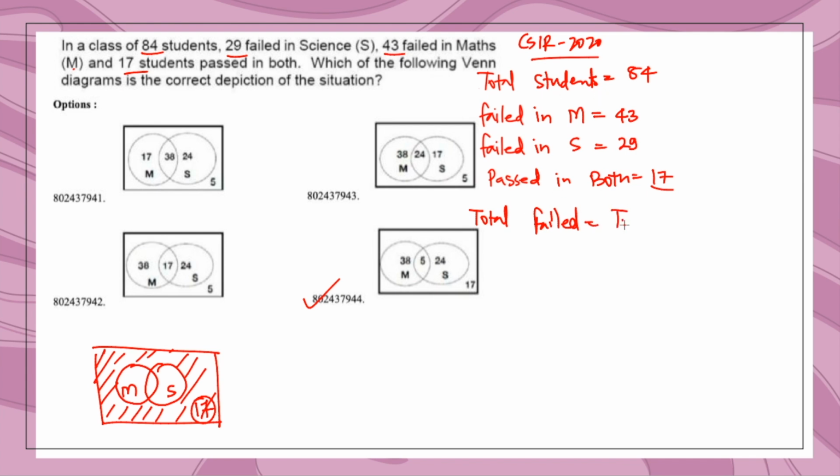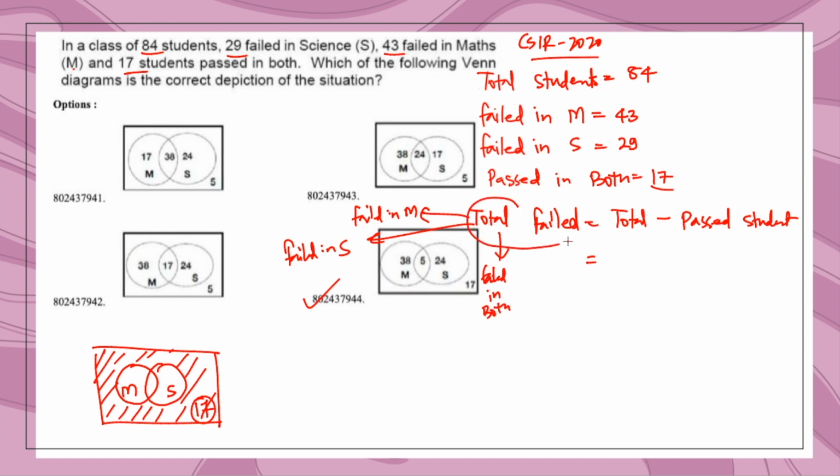If I subtract the passed students from the total students, I will get the total number of failed students. This total includes three types of students: those who failed in maths, those who failed in science, and those who failed in both.